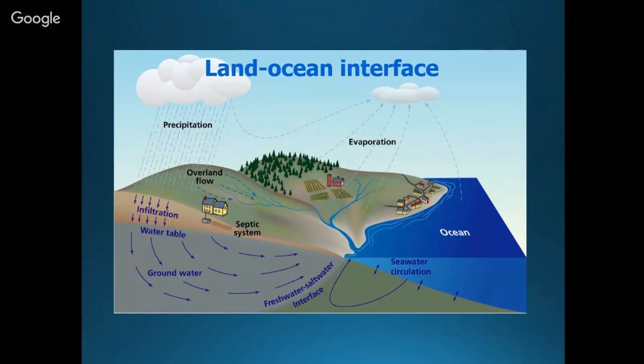Once that water gets into the groundwater, it can move on to the ocean via either submarine groundwater discharge, which flows directly from the groundwater into the ocean, or via flow into streams, where the groundwater will flow into the streams and then eventually reach the ocean. So either way, nutrients from these septic systems or cesspools can find their way into the ocean once they leak out from within these systems.